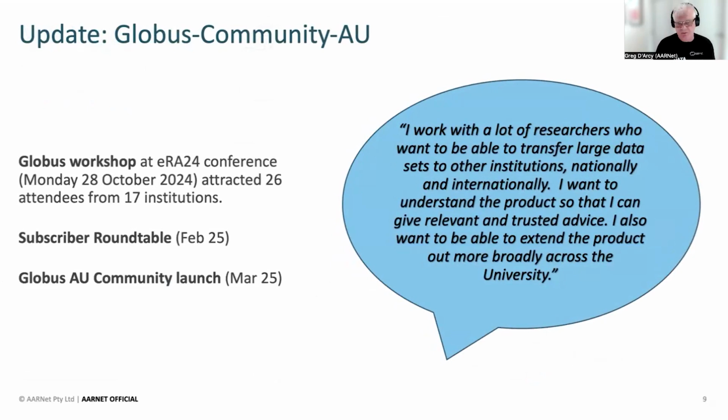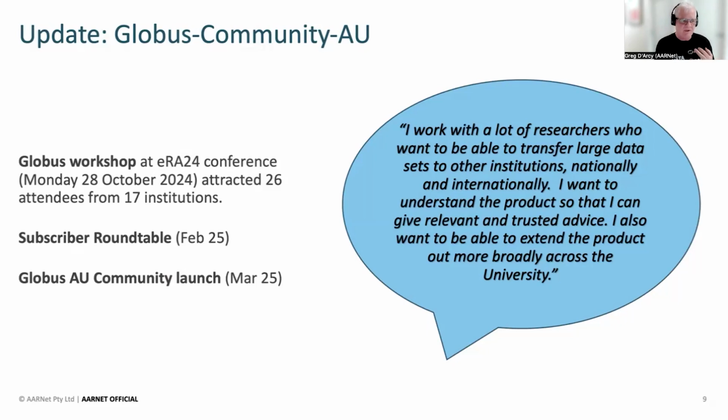People are very interested at the moment in how they can help automate and better manage their data movement tasks. We ran a pre-workshop survey, so that's what you see there in the little bubble. I picked this one out because I thought it pretty much summed up the sentiment of people that were there on the day.